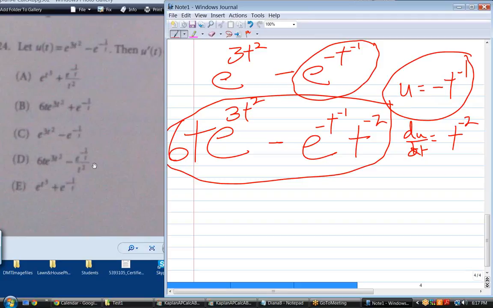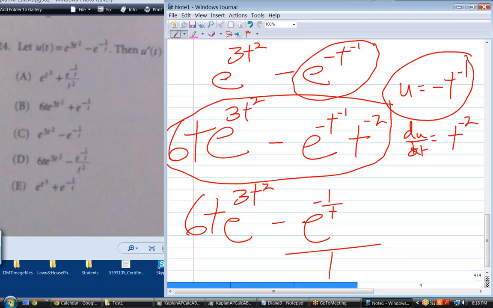And if you want to write it back with positive exponents, you'd write it exactly like that. In other words, they frequently don't like negative exponents. They want all your answers to have positive exponents. So this would become e to the minus 1 over t divided by t squared, instead of multiplied by t to the minus 2.